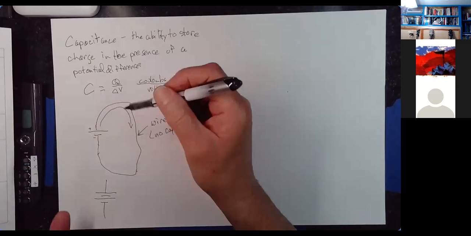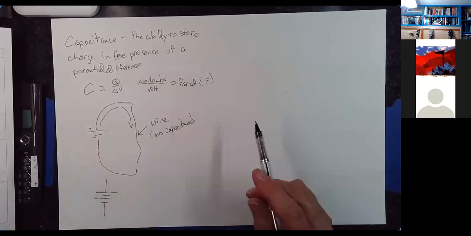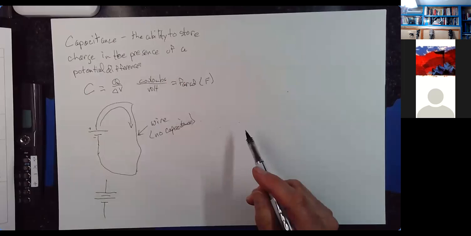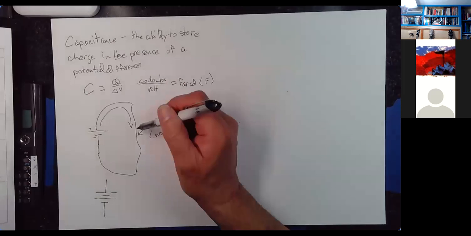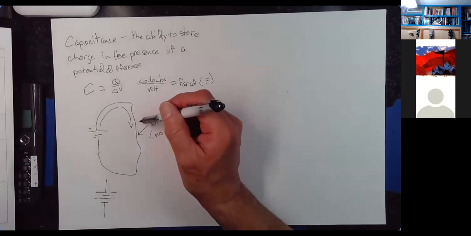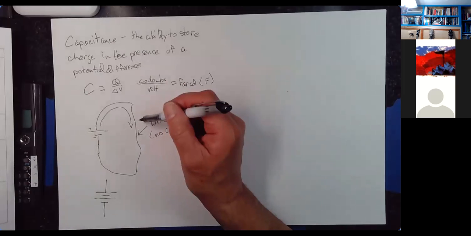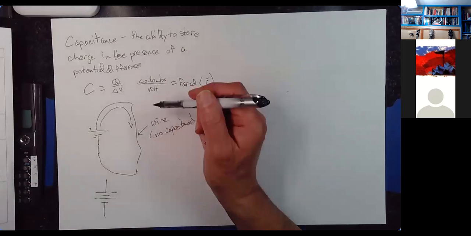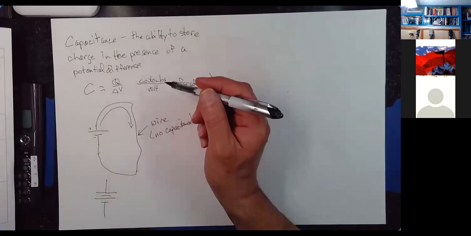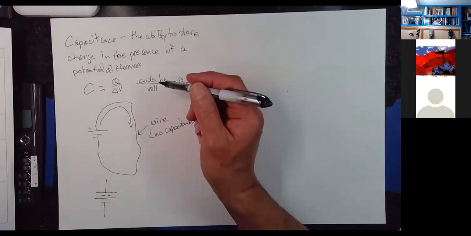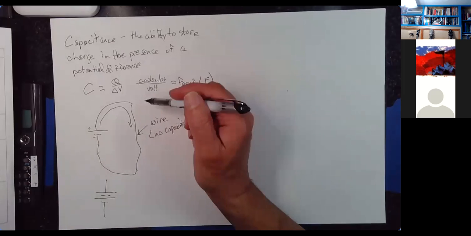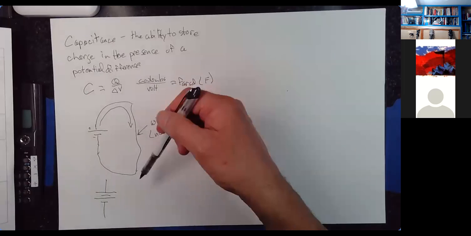And if it's just a wire, it just keeps going. There's no reason to stop it. The charges in a conductor, some of them are relatively free to move in the presence of an electric field. Not completely, that's what resistance comes from, or the measure of the incompleteness of that is what resistance is. But this has no capacitance.